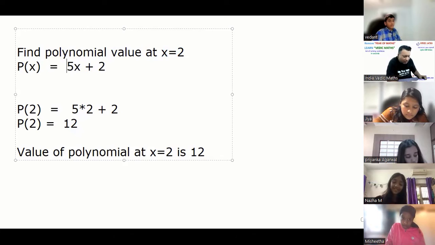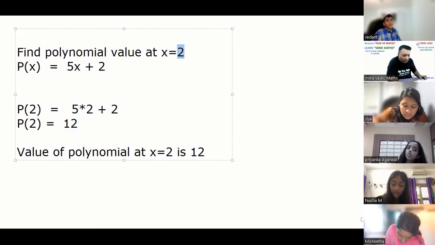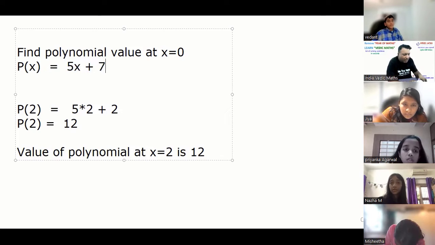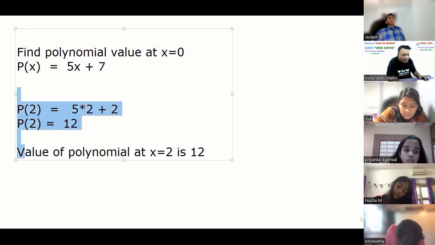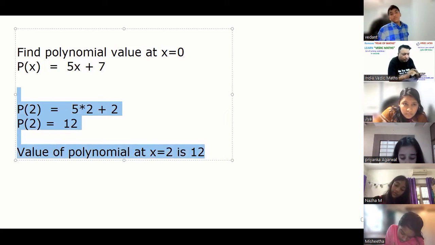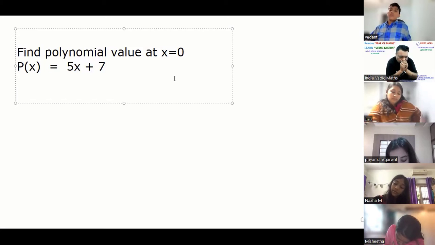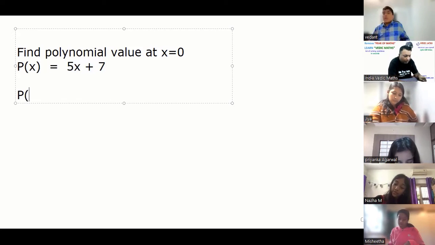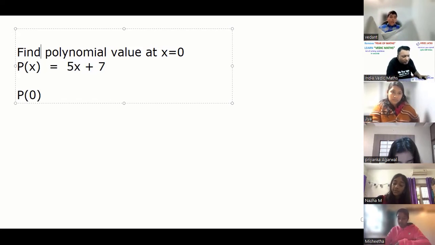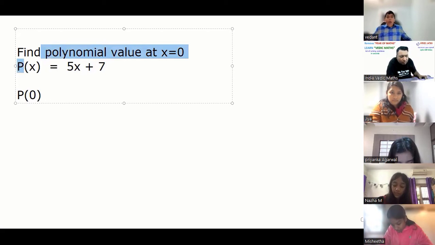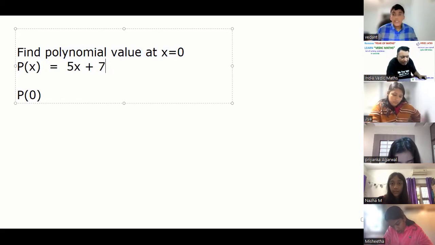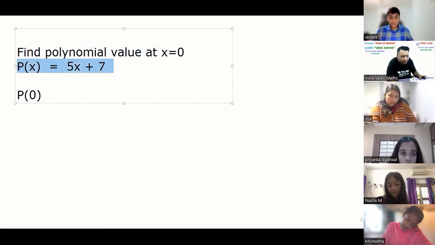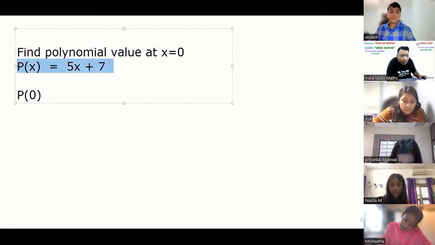If I ask Kanak, find the polynomial value at x equal to 0, and if I give the polynomial as 5x plus 7, tell me what is the answer, Kanak, and how. So I don't get it. So what you have to do is find the polynomial value at x equal to 0. This is the question, Kanak. Means you have to substitute x equal to 0 here.